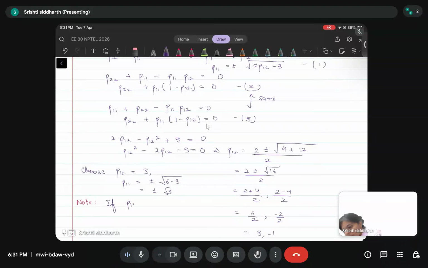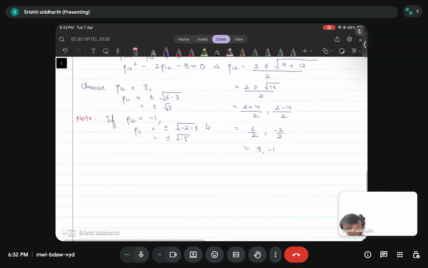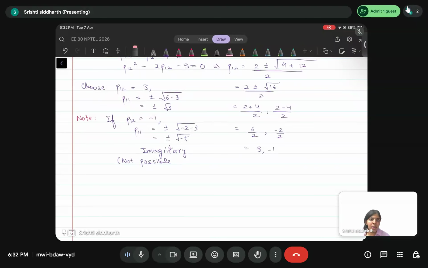So note that if p12 is minus 1, then p11 would be imaginary, right? Plus minus root of minus 2 minus 3. This is just not possible. Feedback gain is a real quantity, right?